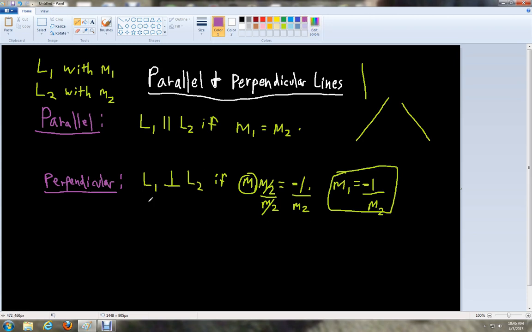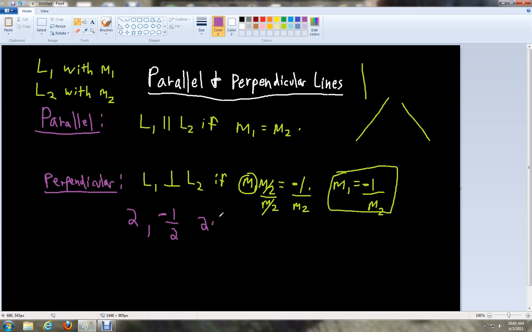So for example, if you had a line with slope of, let's say, 2, and the other line has slope of -1/2, well, the reciprocal of 2 is 1/2, but then you also have the negative, so you've got the negative reciprocal. So you know that these two lines would be perpendicular.